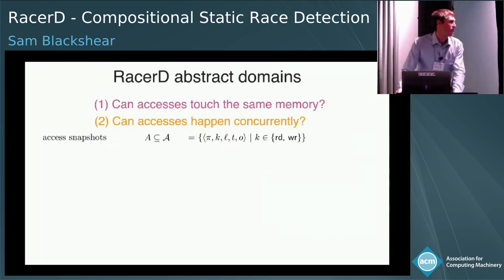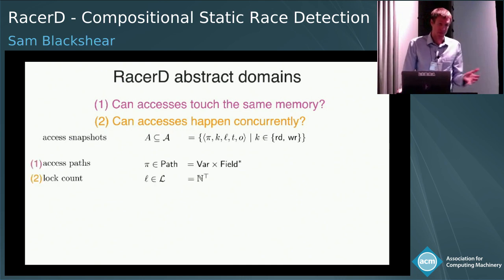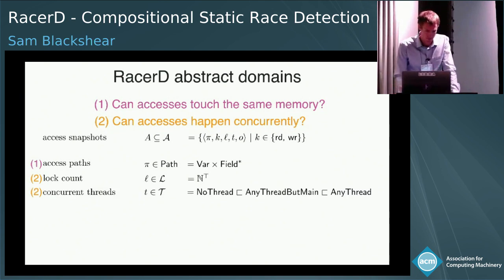So at a high level, the kind of summaries we're computing are these sets of what we call access snapshots, a syntactic access path, along with some other information that lets us answer these two questions: can accesses touch the same memory, and can accesses happen at the same time? So to those pieces of information I just discussed, there's access paths and lock count. But we found that that wasn't quite enough to get the kind of results we were looking for.